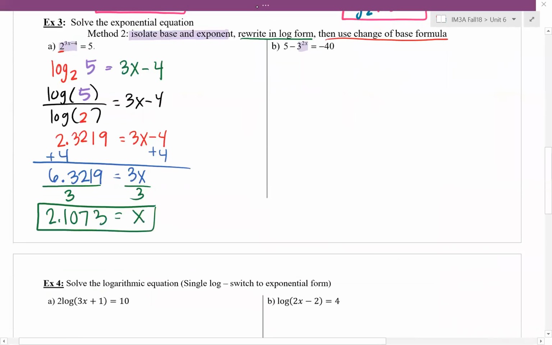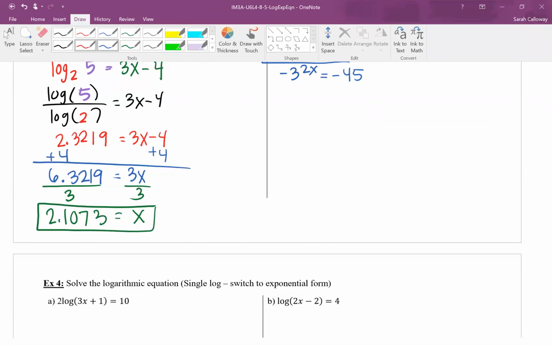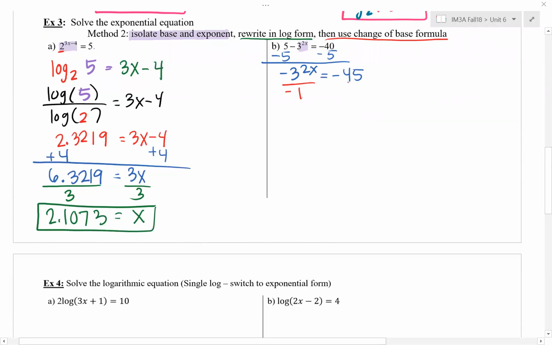So we're going to subtract 5 from both sides, which gives us -3 to the 2x power equals -45. Then we want that negative gone, so we're going to divide both sides by -1, which is going to give us 3 to the 2x power equals 45.